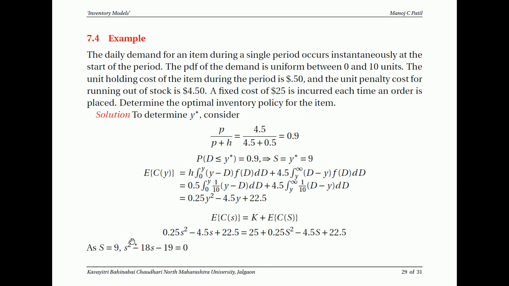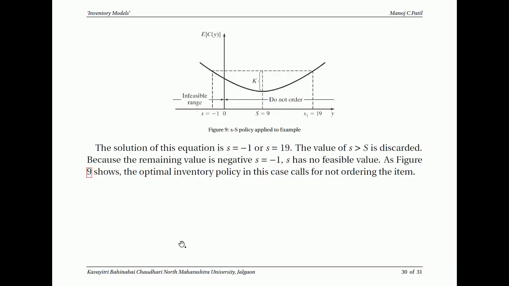We will get s squared equal to, putting 9 here, minus 18 minus 19. So we have s equal to minus 1, or s equal to 19.